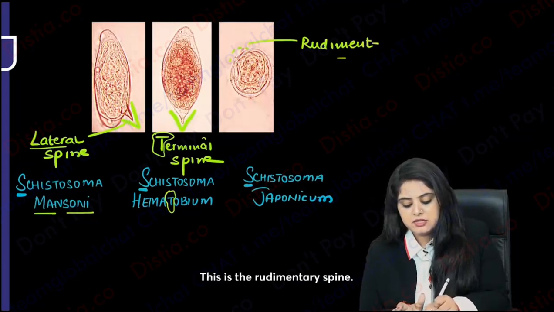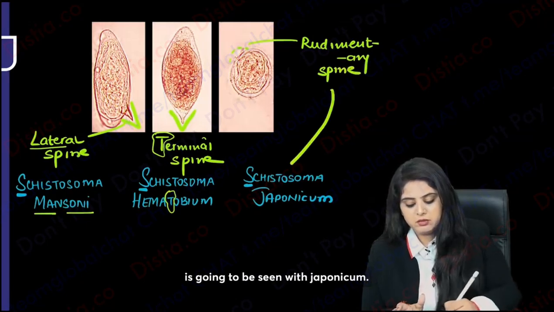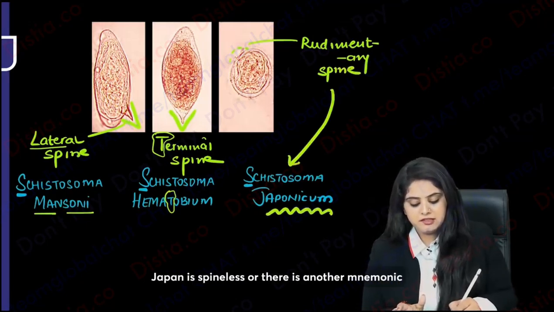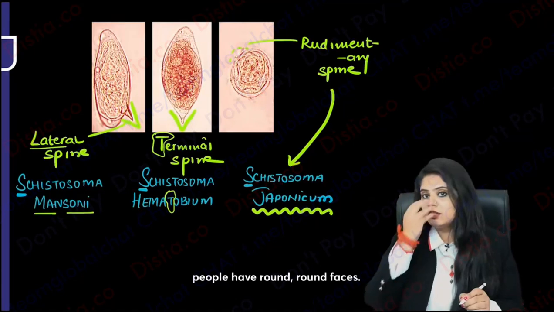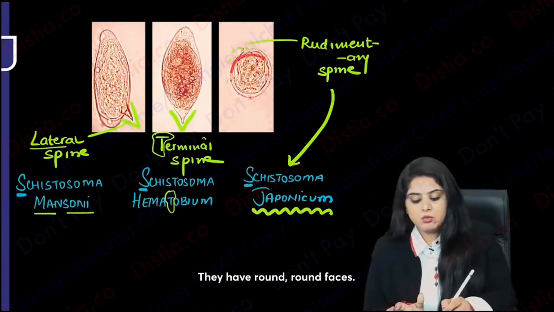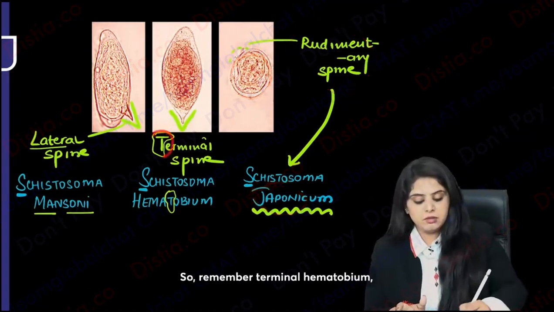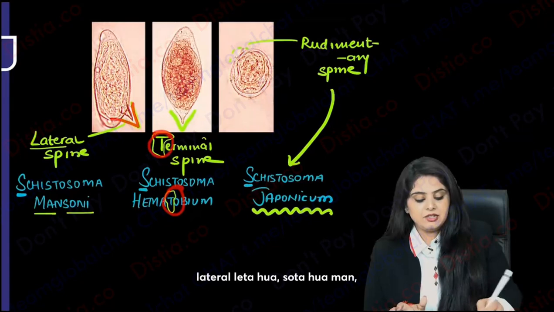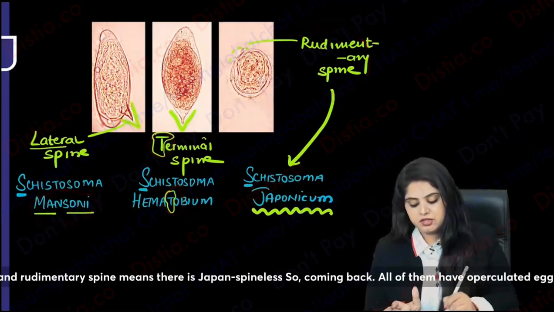Please note, the rudimentary spine is going to be seen with japonicum. Japan is spineless. Or there's another mnemonic where people say Japanese people have round faces, they don't have sharp features, but I feel Japan spineless, you can remember it either way. So remember: terminal, haematobium; lateral, lying man, mansoni; and rudimentary spine means Japan spineless.